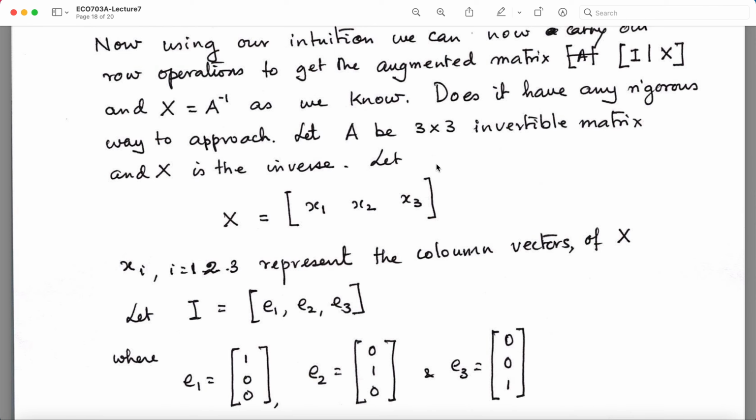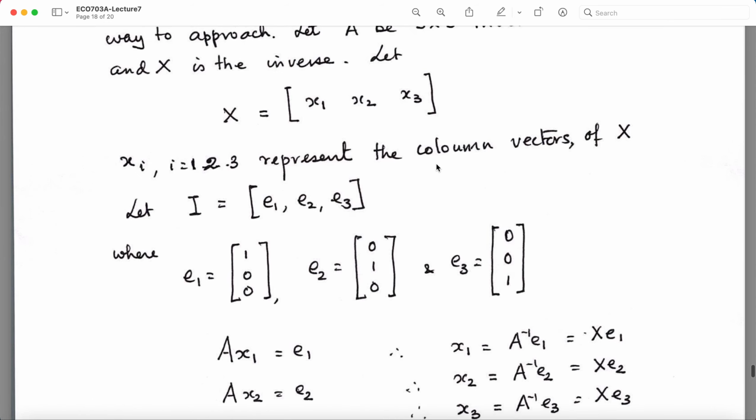You might ask me, why are you just doing it with 3 by 3? So 3 by 3 is easy to explain. Otherwise, of course, I can do it with n, but everybody may not immediately grasp the abstraction. So the idea is to allow people who may not be so fast in grasping abstractions to think of it in a simpler way.